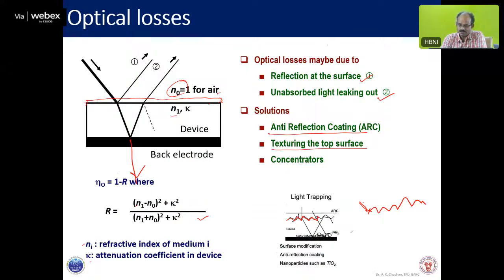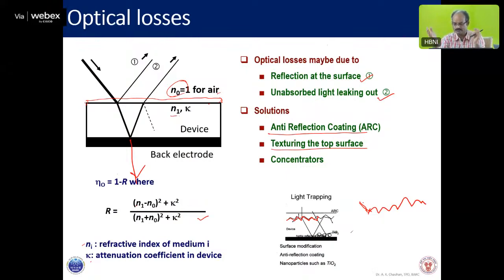And then another is concentrators. Concentrators are assemblies which concentrate the solar radiation onto a small area. So suppose your solar cell is 1 centimeter by 1 centimeter or 1 meter by 1 meter, and above that you put a concentrator having a size of, say, 2 meter by 2 meter.